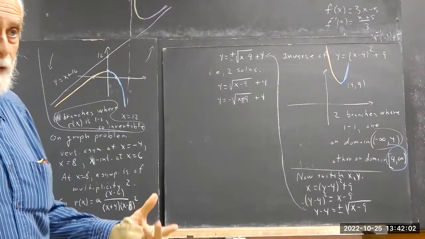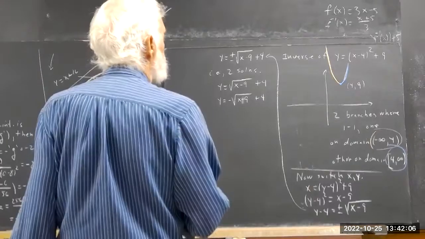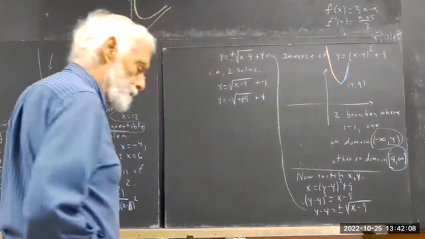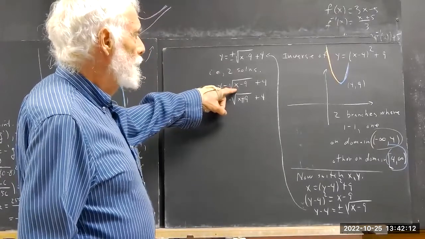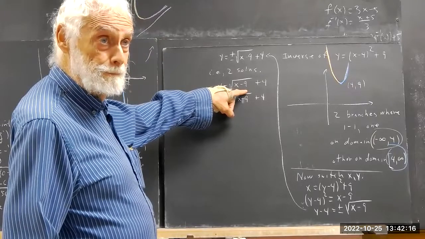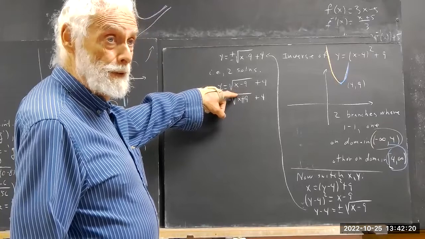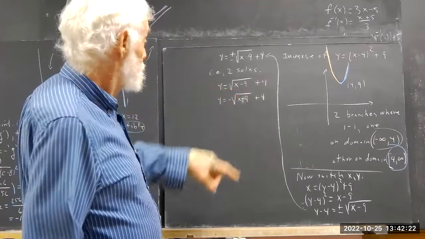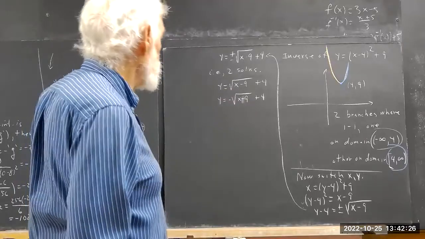Now, what do the graphs of these things look like? Here, x has to be bigger than 9, right? If x is less than 9, you have a negative under the radical. And that's true in both cases.